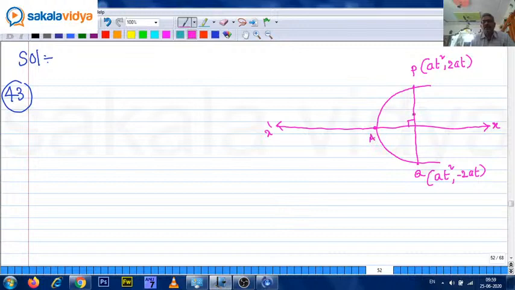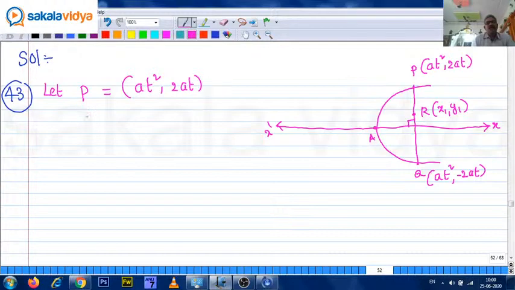Let R(x1, y1) be the point of trisection of PQ. Now x1, y1 we need to find out. Let P equal (at square, 2at).